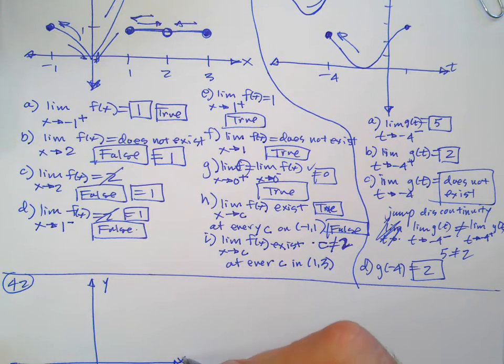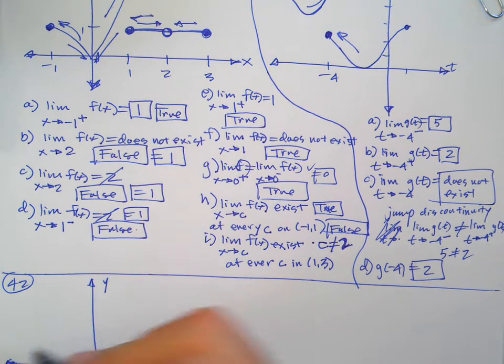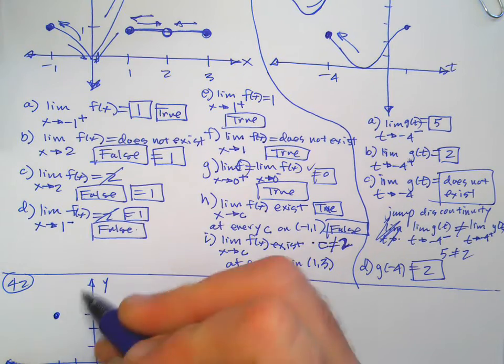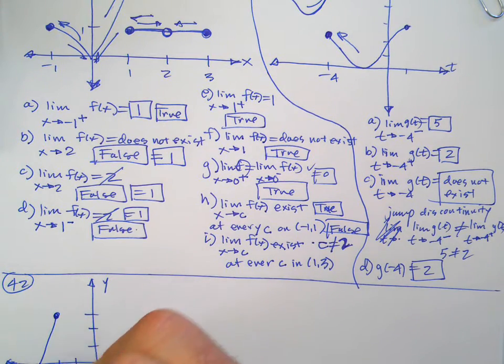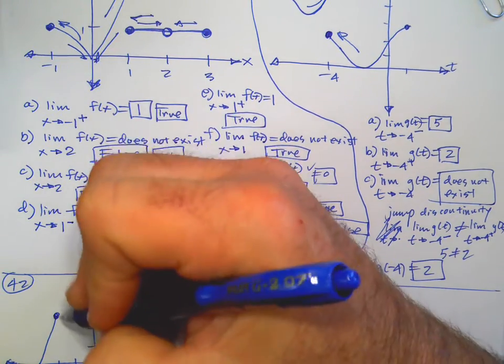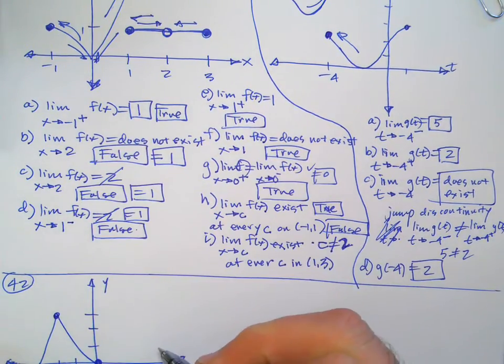I guess this is S on this one. So just replicating this graph real quick. Dot there. Goes like that. Solid dot there. Goes like that.